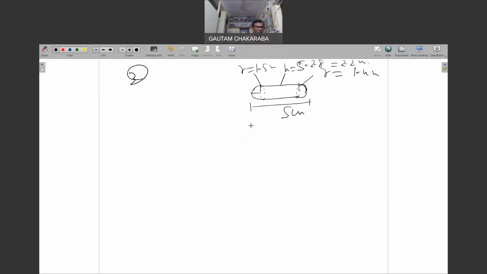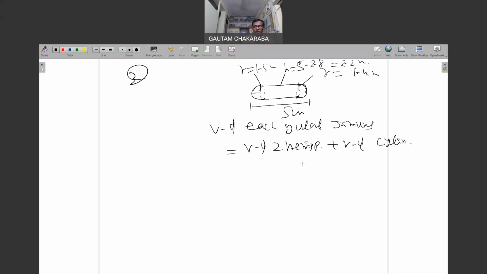Now find the volume of each gulab jamun. Volume of each gulab jamun is equal to volume of two hemispheres plus volume of cylinder.